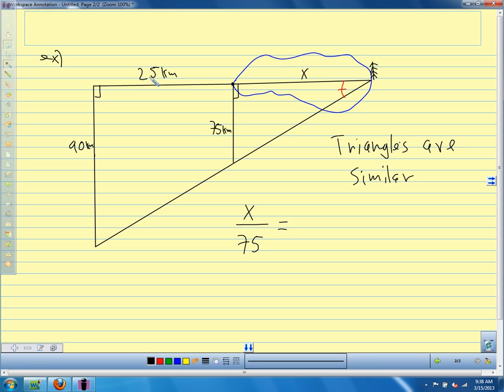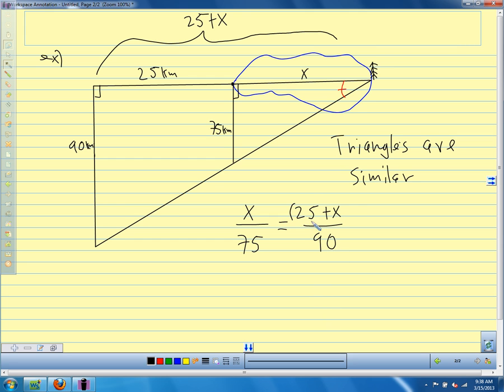Would it be 25, so we have the side of the small triangle and the base? 25 plus x, right? The whole side of that triangle is 25 plus x. So the side of the big triangle is 25 plus x. The base of the big triangle is 90. So we make our ratio 25 plus x over 90.